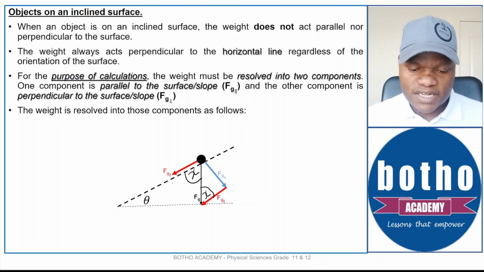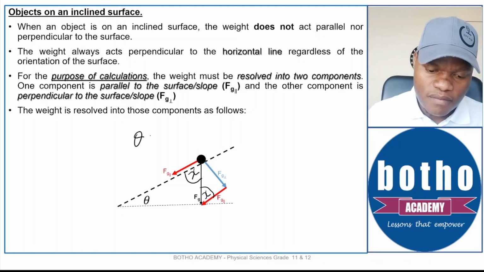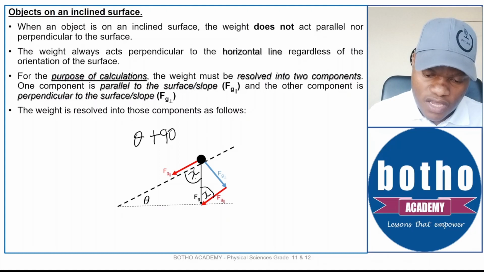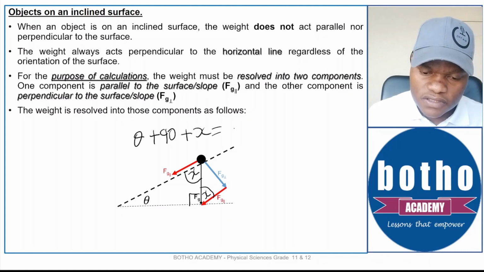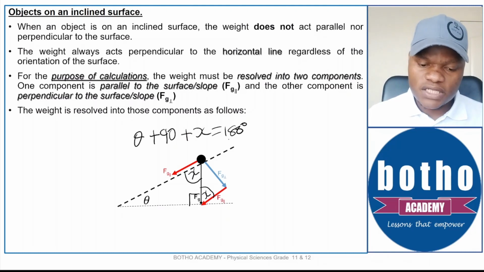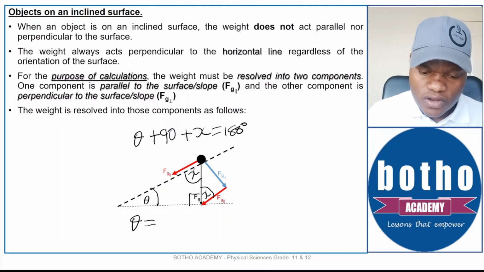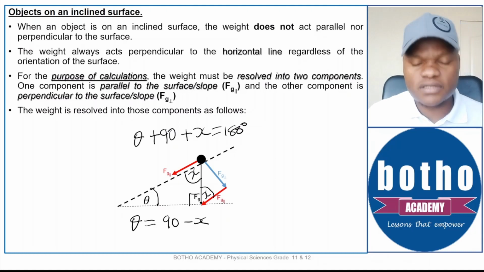We know that the three angles inside a triangle must give us 180. Which means theta plus 90 degrees, because the angle here is 90, plus X must give us 180 degrees. Now if we want theta, you'll realize that theta is equal to 90 minus X.